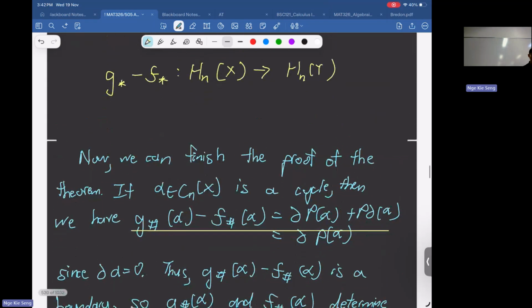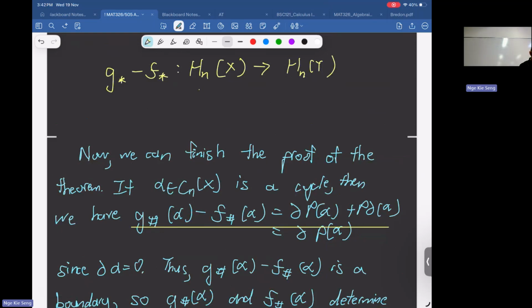So why is it a 0 map? You need to check the kernel sent to where, and then the image sent to where. Everything has to be equal to 0. Okay, so let's check this. Let's say you have a kernel of delta n. You put it into this difference here. What you compute differs by this commutative property. On one term, P of delta alpha is 0 because you pick a kernel, you pick a cycle. Then you are an image of something.